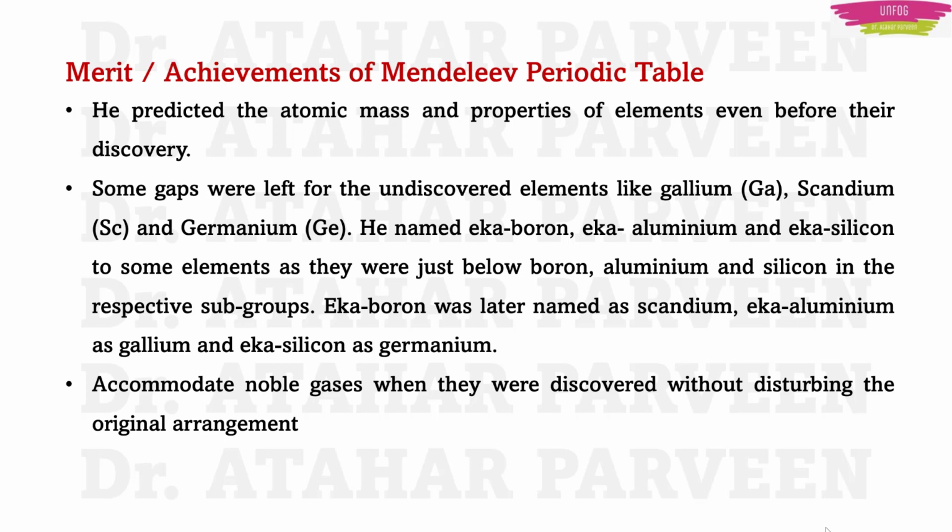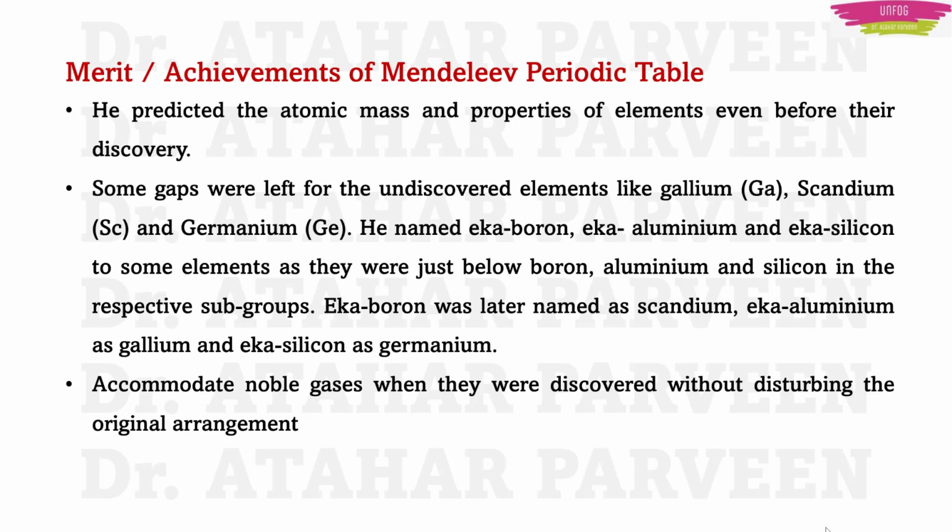And some gaps were left for undiscovered elements, like gallium is there, scandium is there, germanium is there. Those gaps were left, and before their discovery only, they were named as Eka boron, Eka aluminium, Eka silicon, as they were just below boron, aluminium and silicon in those respective subgroups.